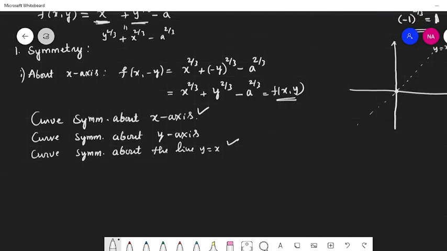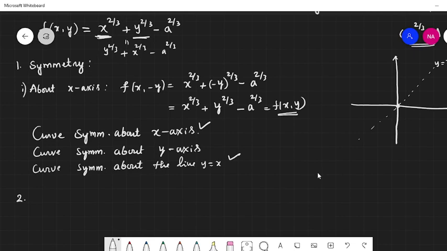Next point, special points. You have to put x equal to y equal to 0 here and then equate to 0. You have to take f of 0 comma 0 equal to 0. Then check whether you get 0 equal to 0. If you get 0 equal to 0, the conclusion is the curve is going to pass through origin.